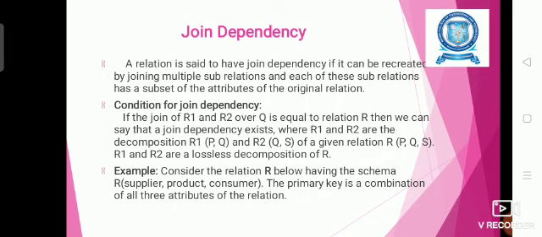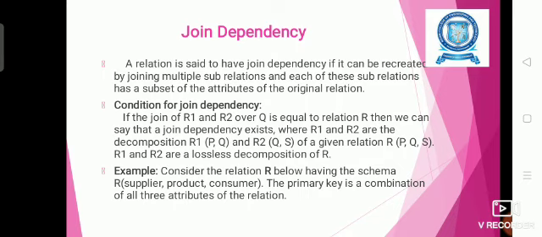For example, two sub-relations R1 and R2 are obtained from the original relation R. Relation R has three attributes P, Q, S, and after decomposing R into R1 and R2, R1 has two attributes P and Q, and R2 has two attributes Q and S. Then we join the two relations R1 and R2.